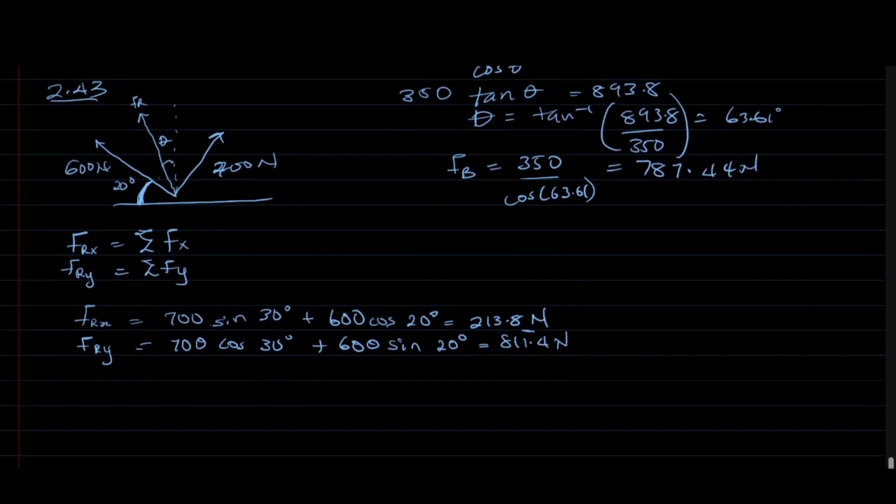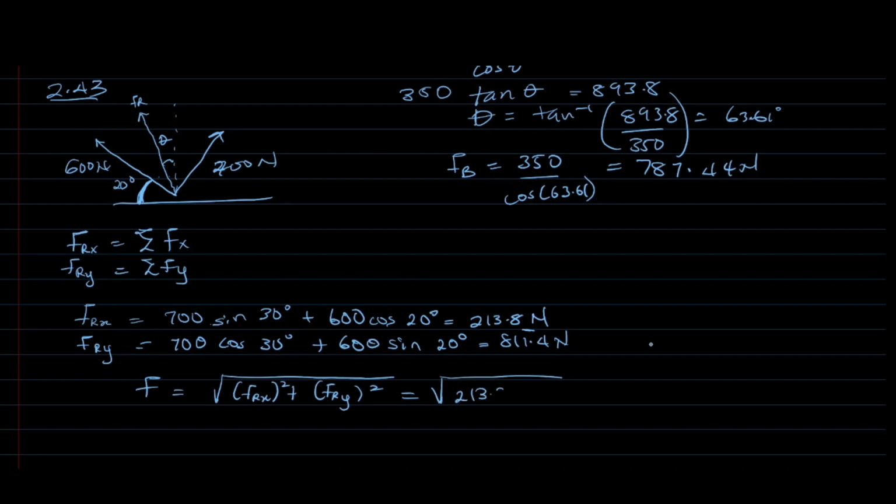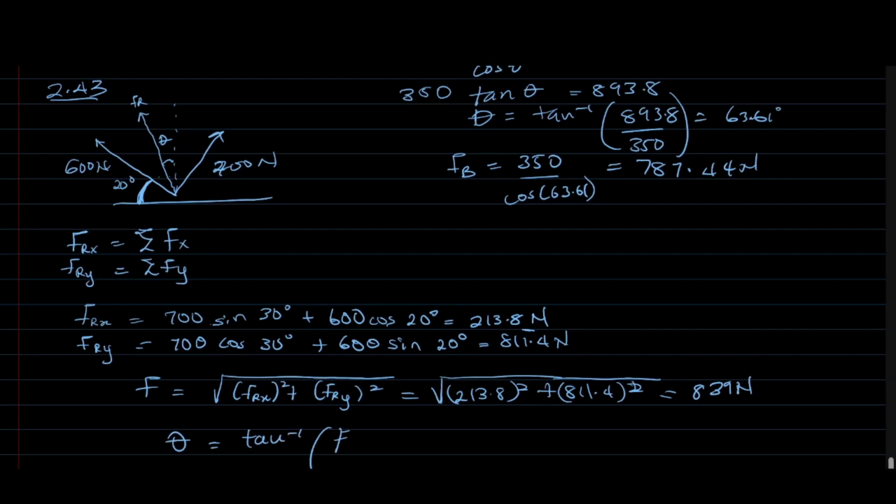Now, to find FR, the magnitude will simply be the square root of the square of its x component plus the square of its y component, which is simply 213.8 squared plus 811.4 squared. Punch this into a calculator, you're going to get 839 newtons.